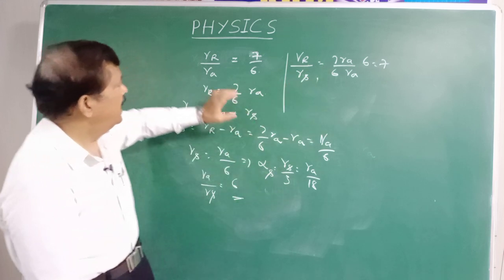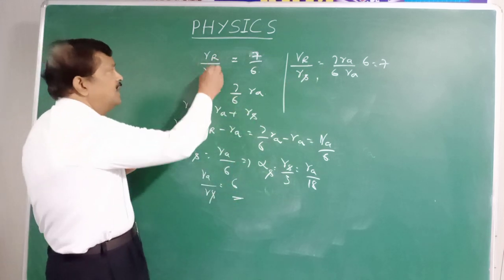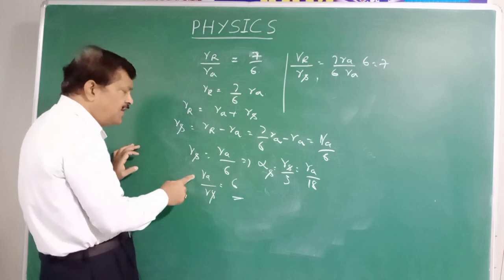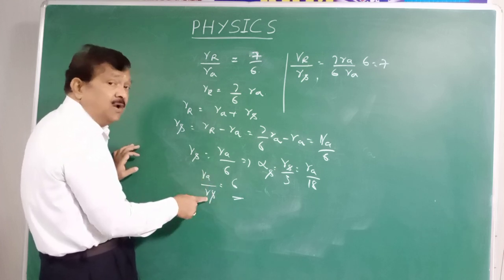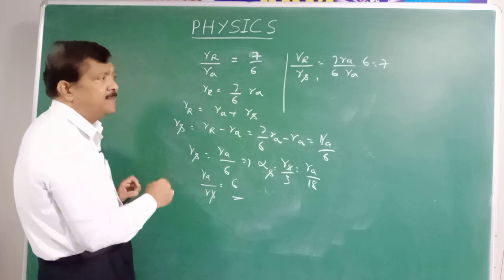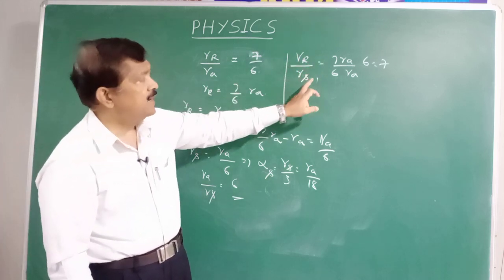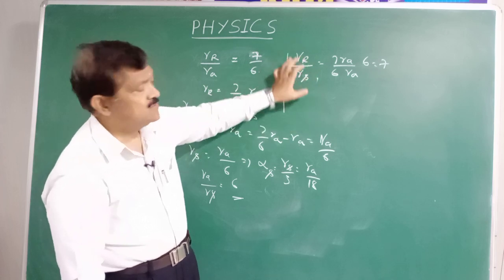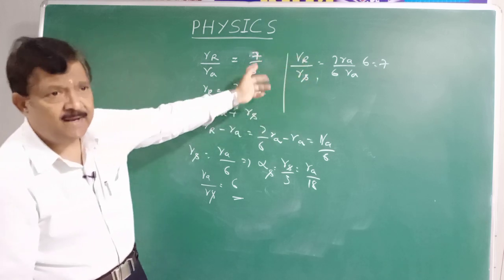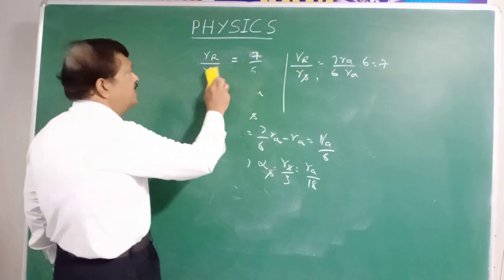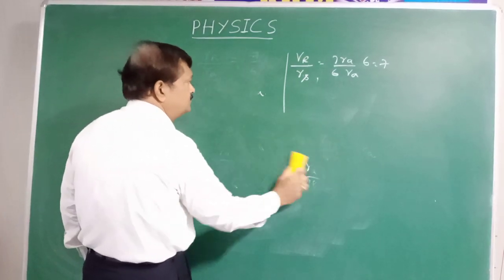So by taking one ratio of these two, we are calculating the ratio of the coefficient of apparent expansion to the coefficient of volume expansion of the container, and also the coefficient of real expansion to the coefficient of volume expansion of the container. So this is one more numerical model. Right. Now let us move on to another one.